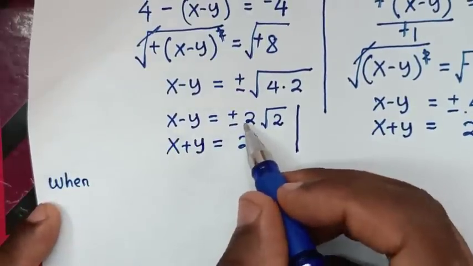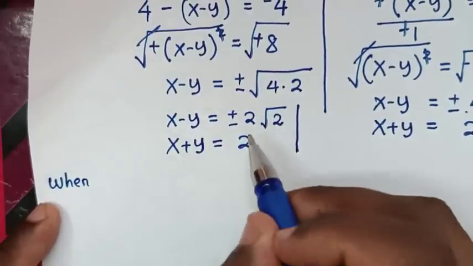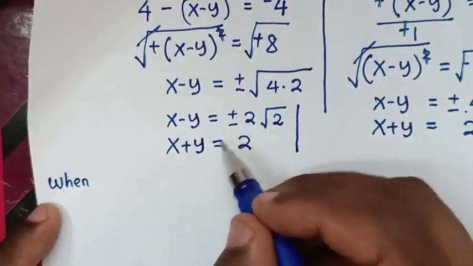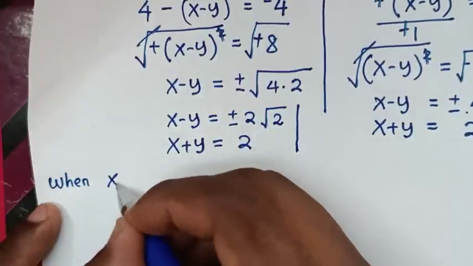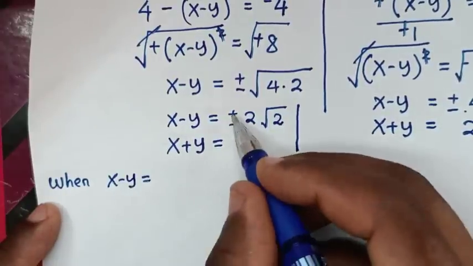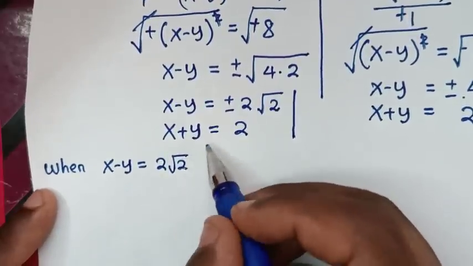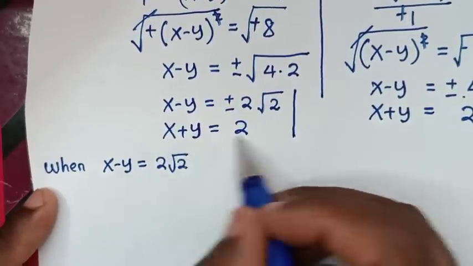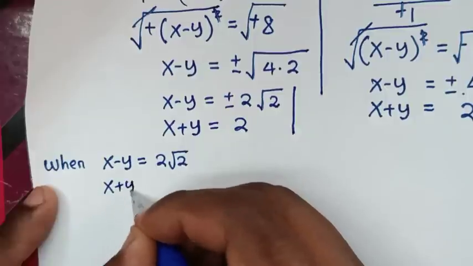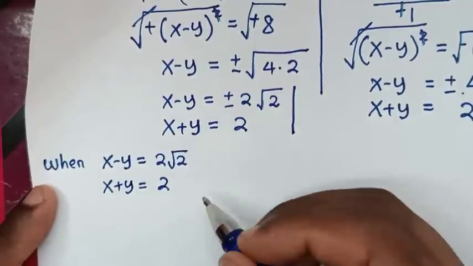In this solution we also have two cases because of the plus or minus. So when x minus y is equal to positive 2 square root of 2, this we will compare with this x plus y is equal to 2.